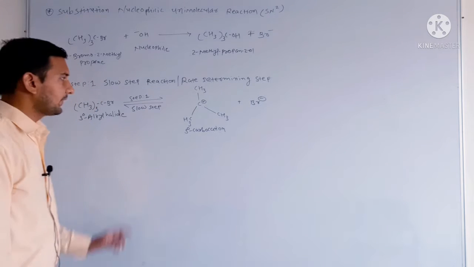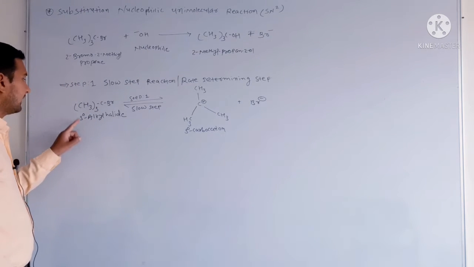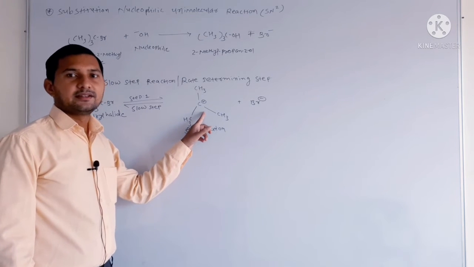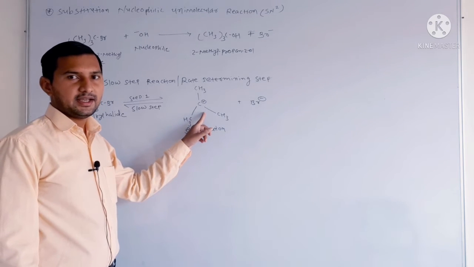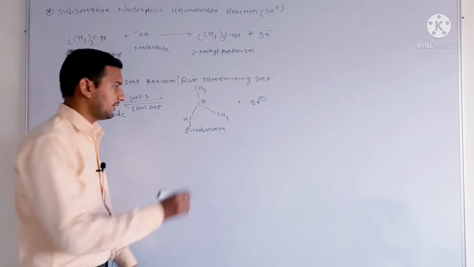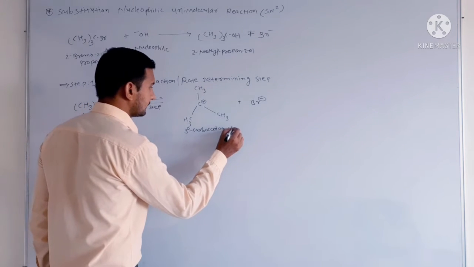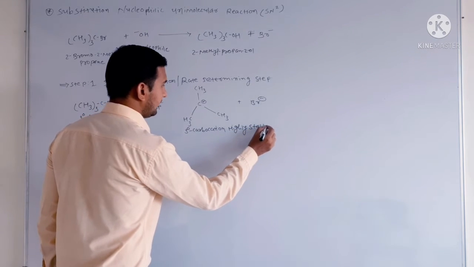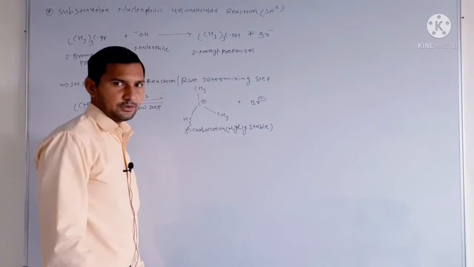We know that in this step, the tertiary alkyl halide forms a tertiary carbocation. This tertiary carbocation is highly stable. Why?